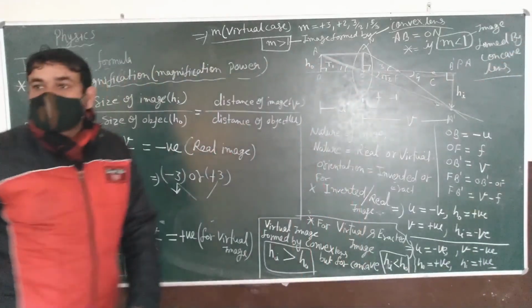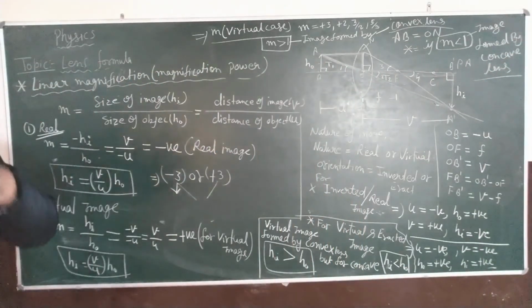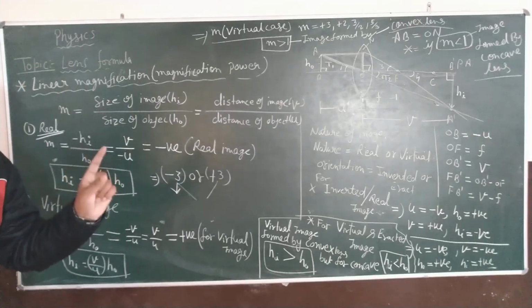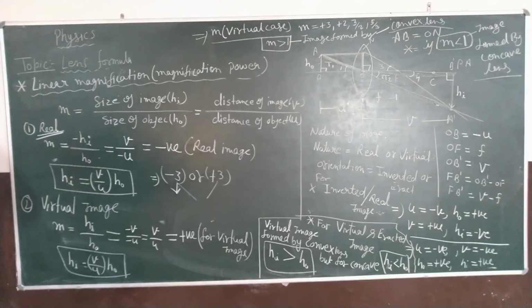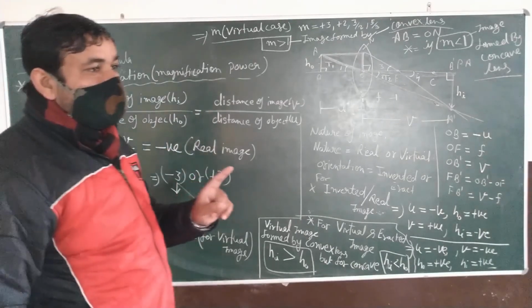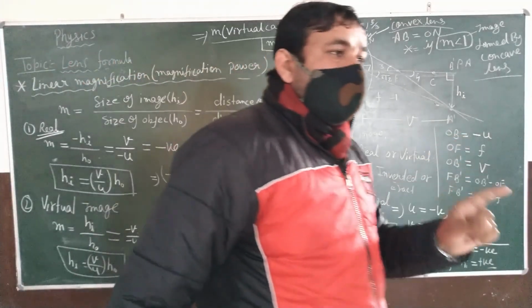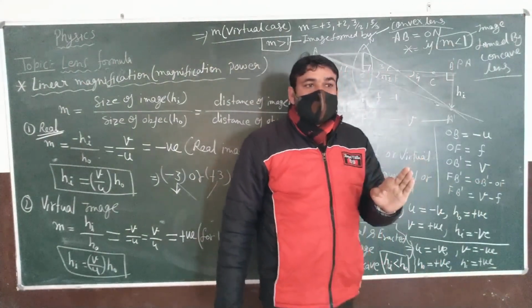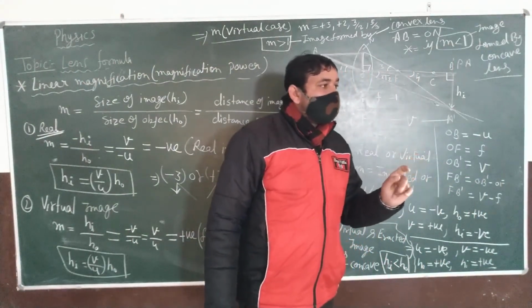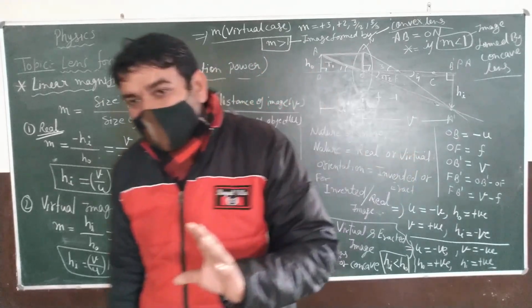Clear or not? If magnification is greater than 1, it means that the image is formed by a convex lens, and if the magnification is smaller than 1, it means that the image is formed by a concave lens. It is clear?